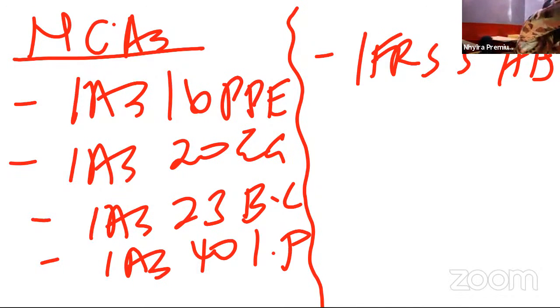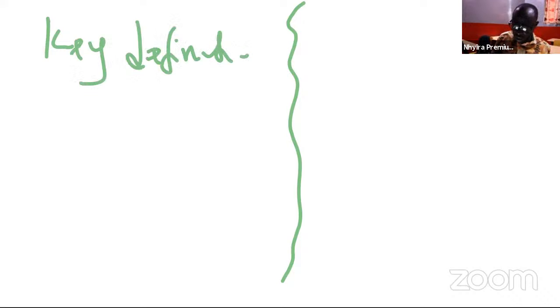It is the basic accounting standard that we're going to be looking at. Remember that for each accounting standard that you pick, there are a number of things you must take into consideration. Number 1 has to do with key definitions, which are very, very important.